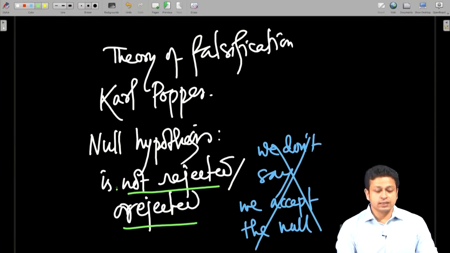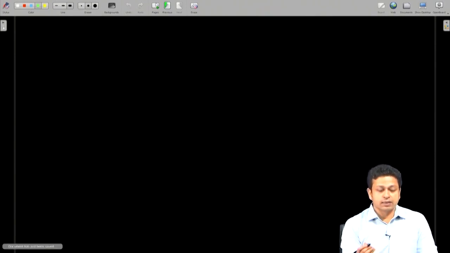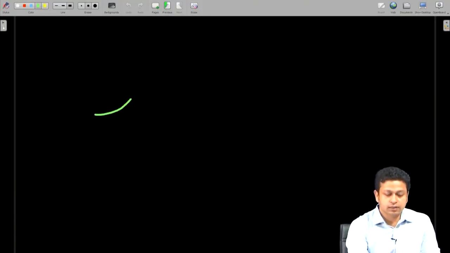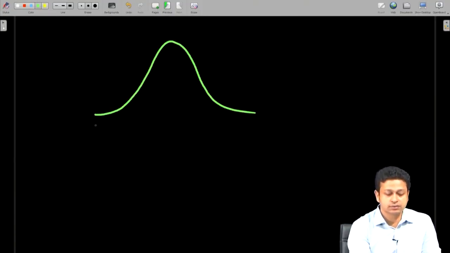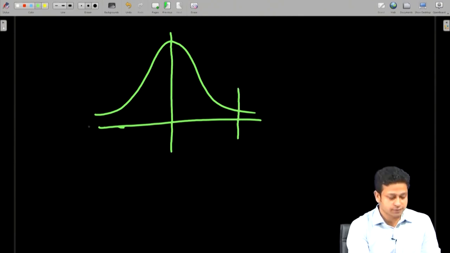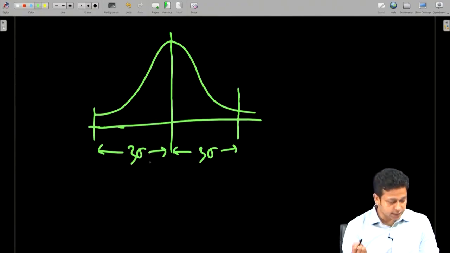And now let me give you another example. Let us say I again draw a distribution, and this is my 3 sigma on both sides, and my x bar is here, okay.